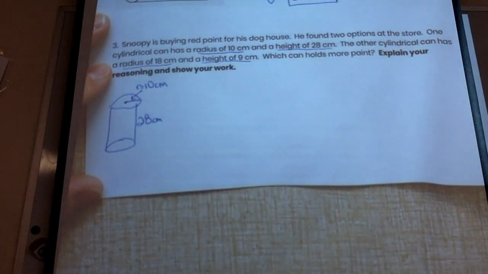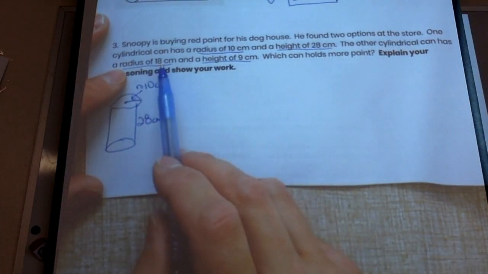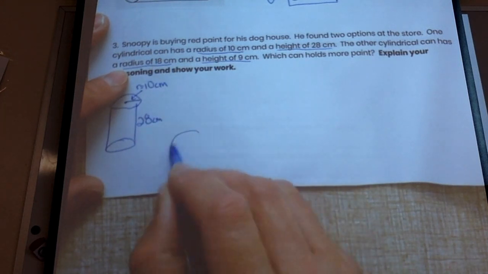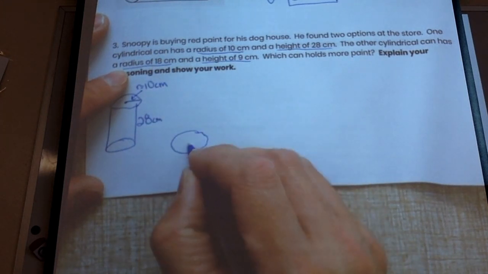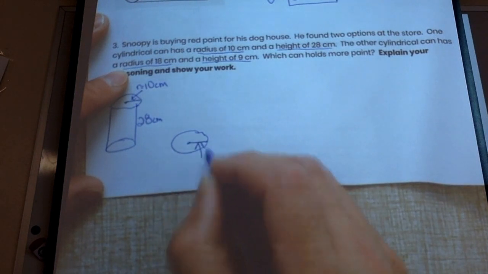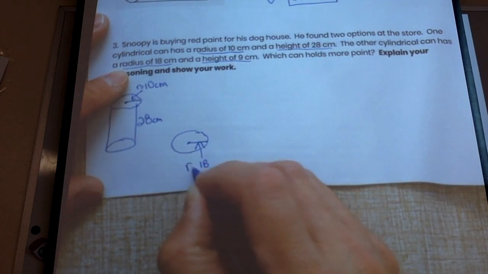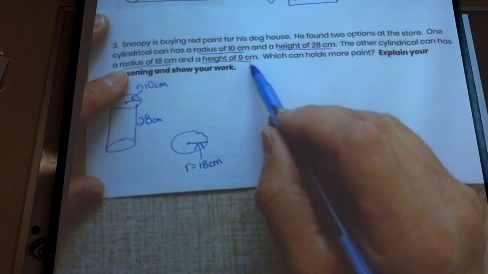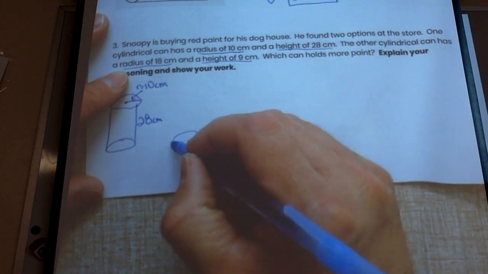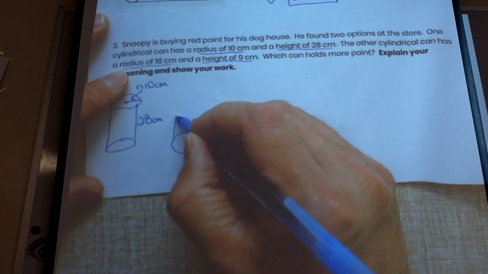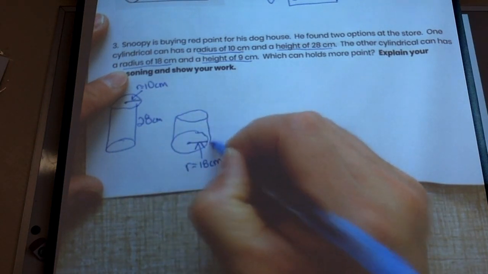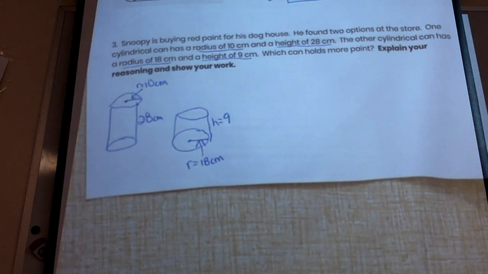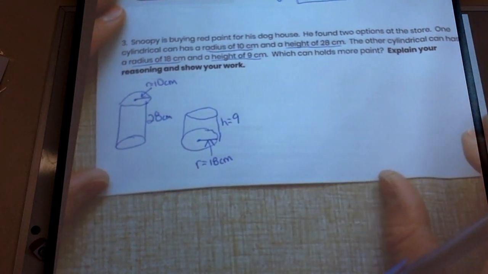And our second one it's going to be fatter. It's 18 as a radius, so we're going to have a little bigger circle. We're going to have an 18 here for our radius. And it's only 9 centimeters tall, so it's pretty short. So my drawings aren't the best, but that's what I'm going to go with right now.